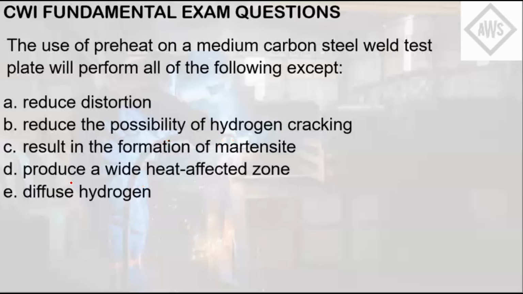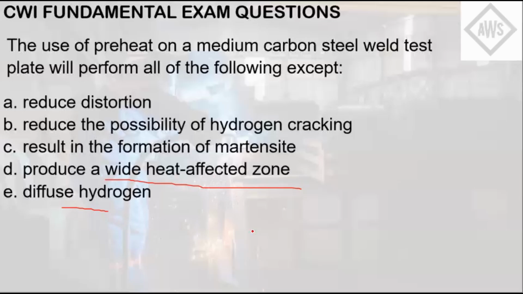And because of a larger heat input, preheating will produce a wider heat affected zone, or HAZ. Since we have a larger heat input than normal, it will diffuse hydrogen, because the heat will increase the kinetic energy of hydrogen molecules, thus increasing their speed and diffusing them to the atmosphere.